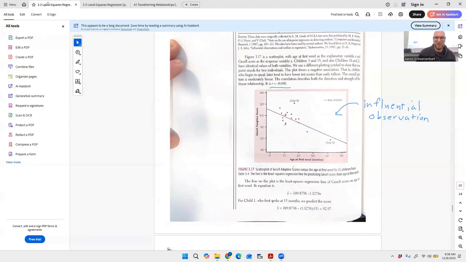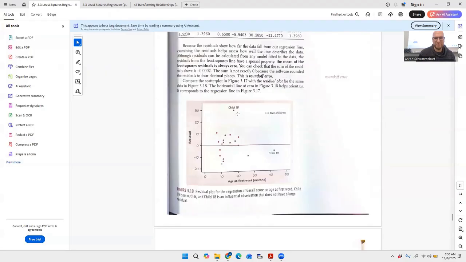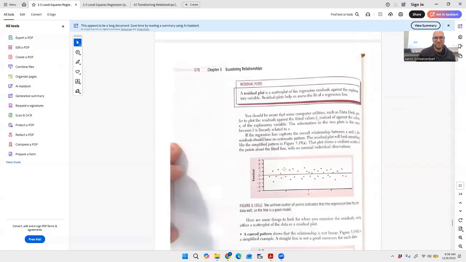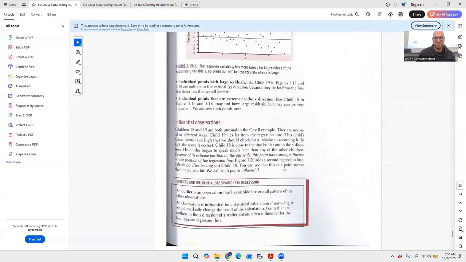If we take out observation 18, which didn't speak till like 42 months, that probably means they have some sort of developmental disability, right? So we take out that kid. We just remove them from the data.